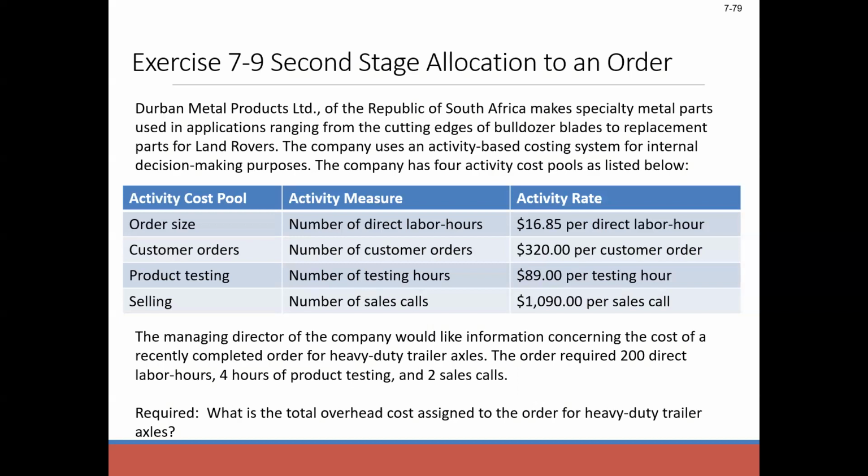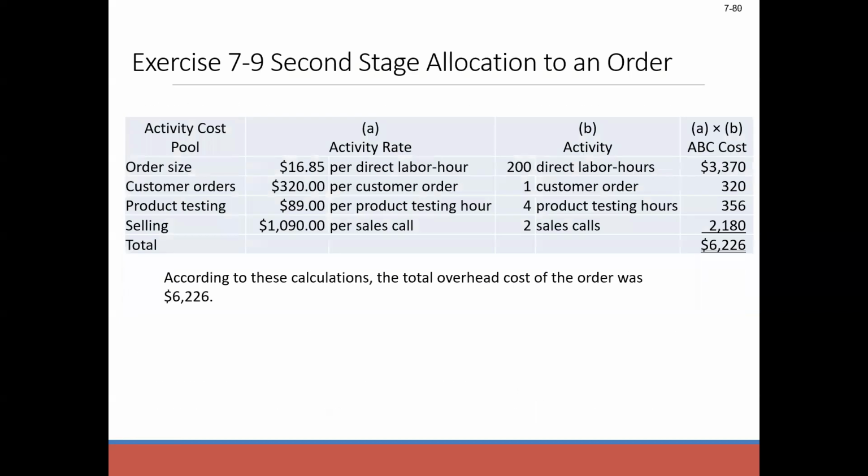Okay, so what do we do here? We take the order size by direct labor hour, and we have 200 direct labor hours, which gives us the 3370. Our customer orders, we have a $320 per customer order, just one customer order here.